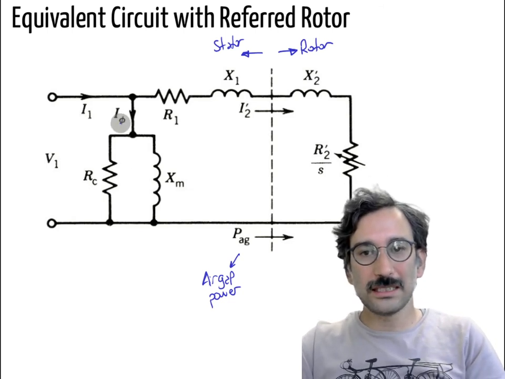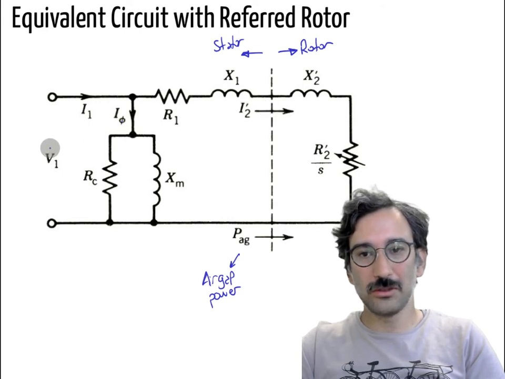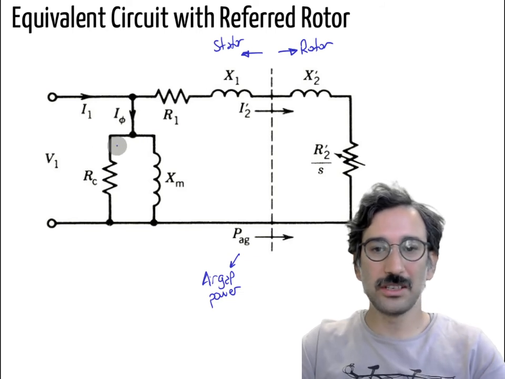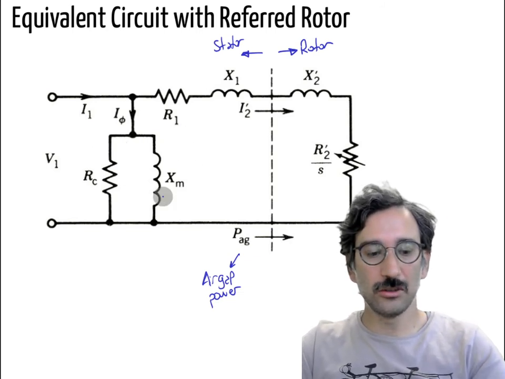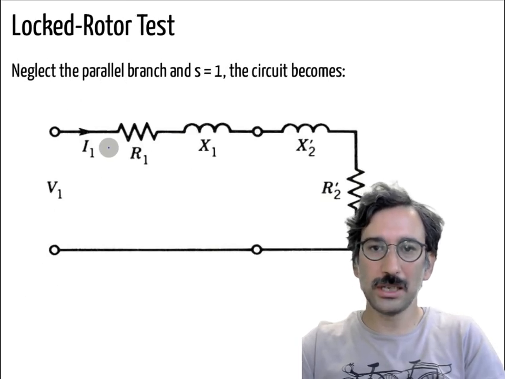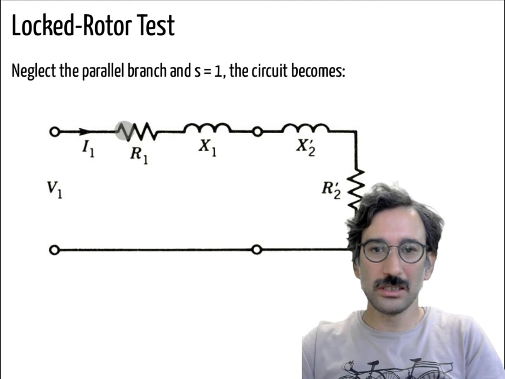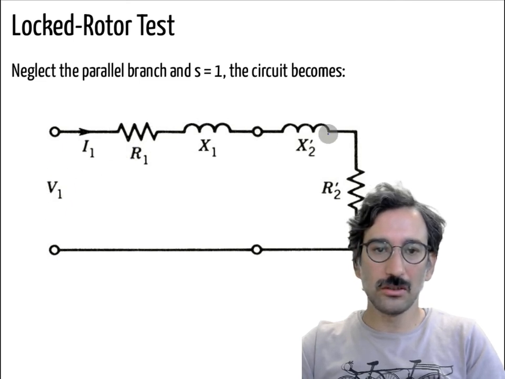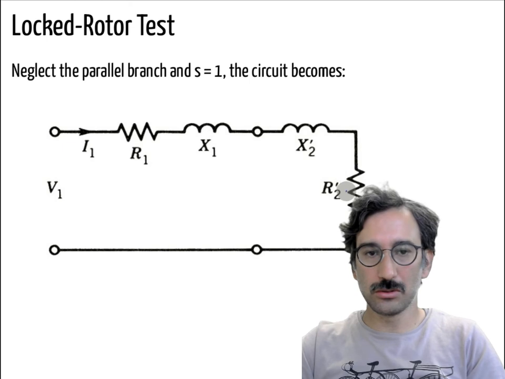So that current is usually much smaller, and if you apply a small voltage, it becomes even smaller. That is why we can ignore the parallel branch. If you ignore the parallel branch, the circuit becomes like that, and by measuring the voltage and current, you can estimate those components.